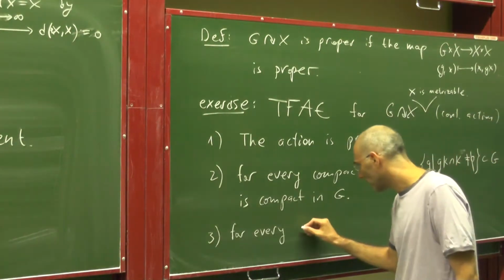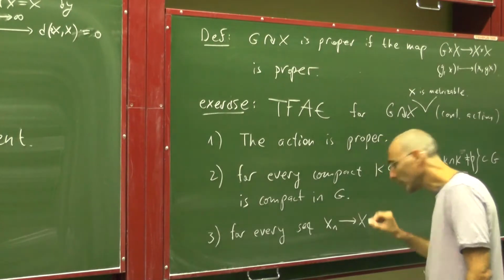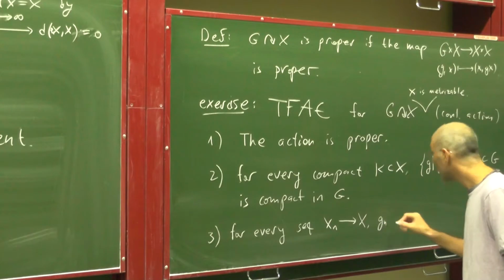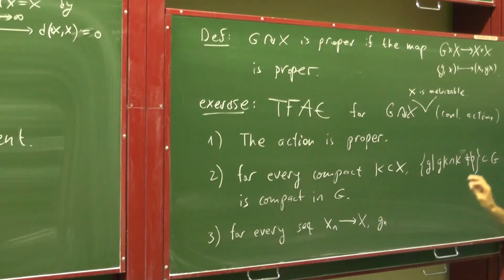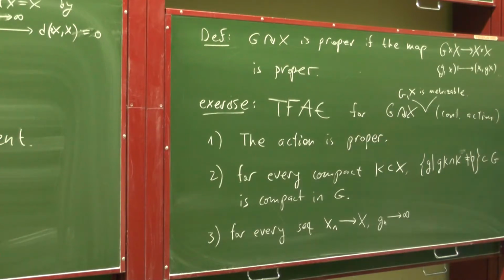For every converging sequence Xn in X, and also, just a minute. Also I'm assuming that Gn goes to infinity. We have Gn Xn goes to infinity.